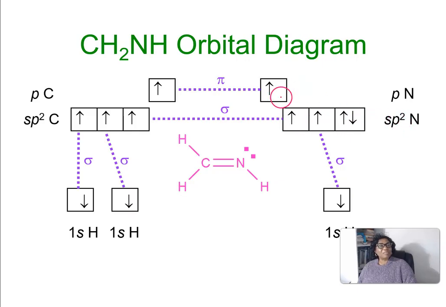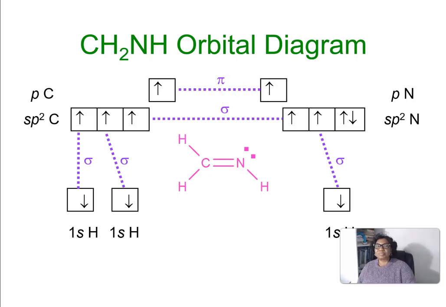They have the same energy, but you have one which is not hybridized. The ones which are not hybridized form a pi bond, and all the ones which are hybridized form sigma bonds. You see this double bond? It shows the sigma bond and the pi bond. One is sigma, one is pi, because you have one orbital which is not hybridized.